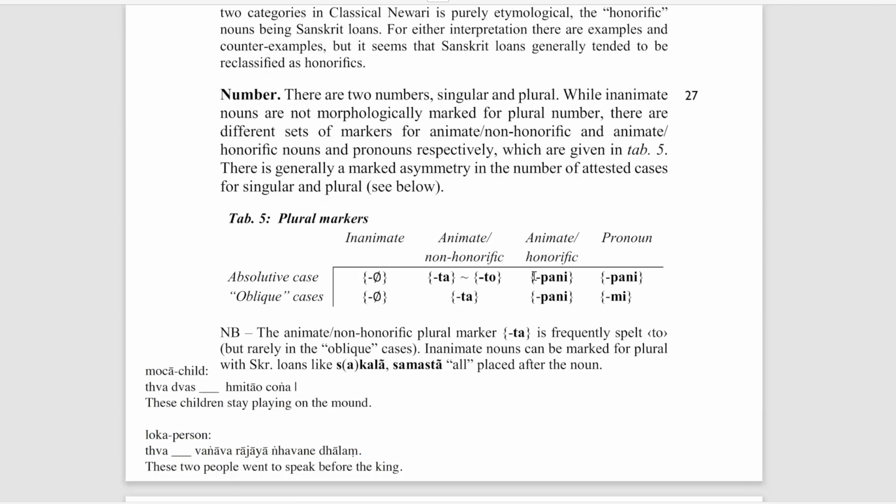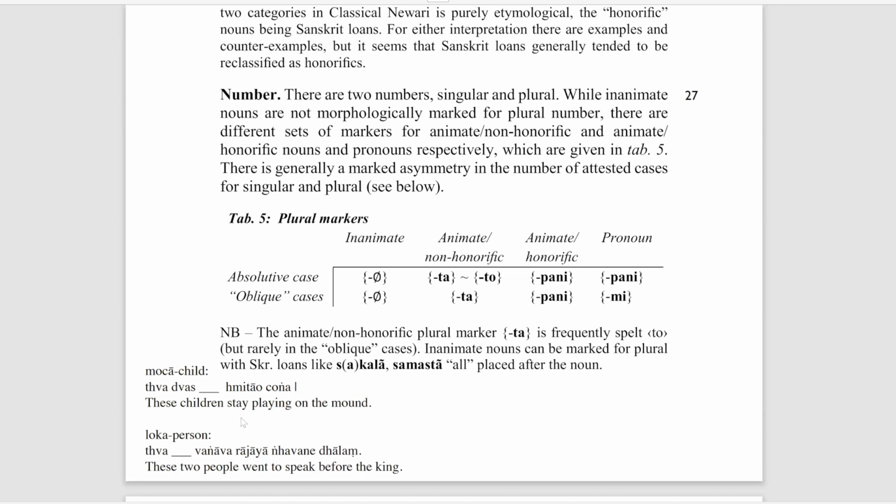And then for normal people, we usually just use this animate honorific, the ending bani. So we have another example here. Mongavo rajaya navane dahalan. So we have mongavo here, from mone, to go. So mongavo is the antecedent converb, having gone to.